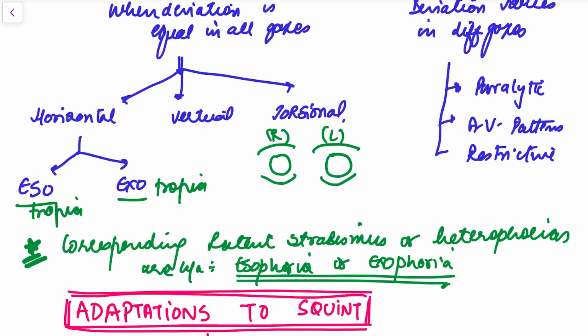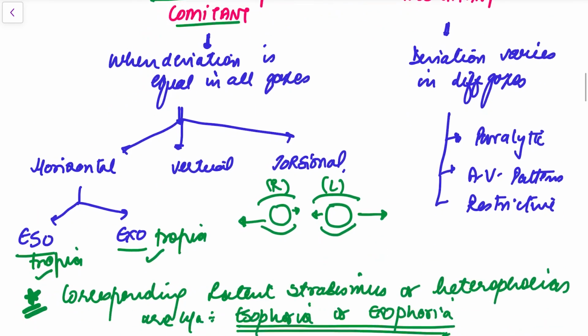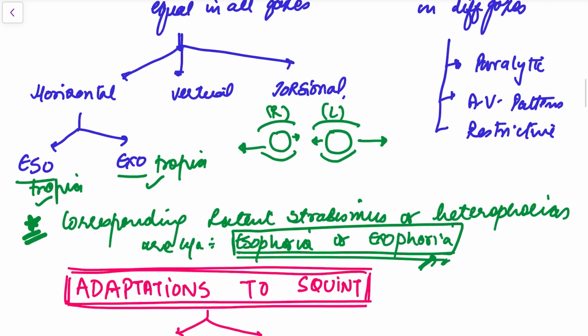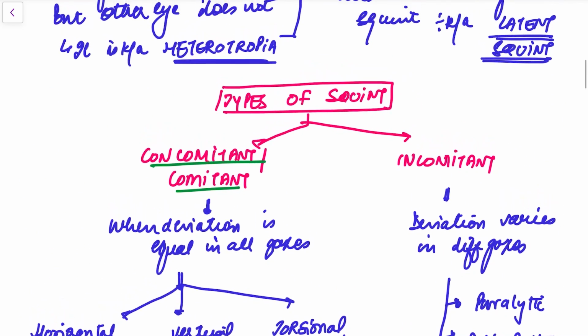If the eye is deviated towards this side, that is towards the medial side, then this is known as esotropia. And if the eyes are deviated outwards like this, then this is known as exotropia. This is for manifest squint. And the counterparts of these pathologies, if they are latent, are known as esophoria or exophoria. Right friends? And similarly for the vertical and torsional types of comitant squints.